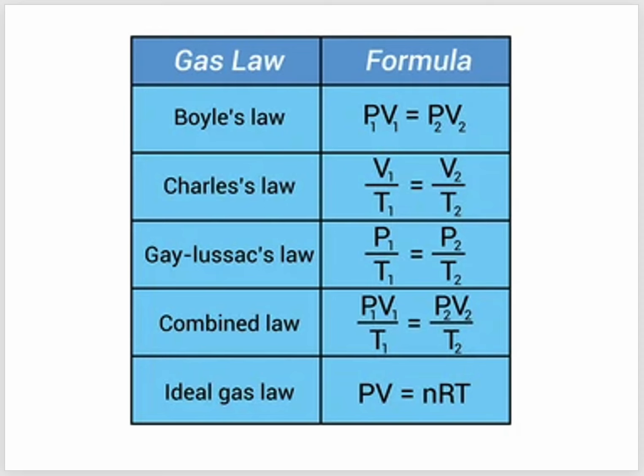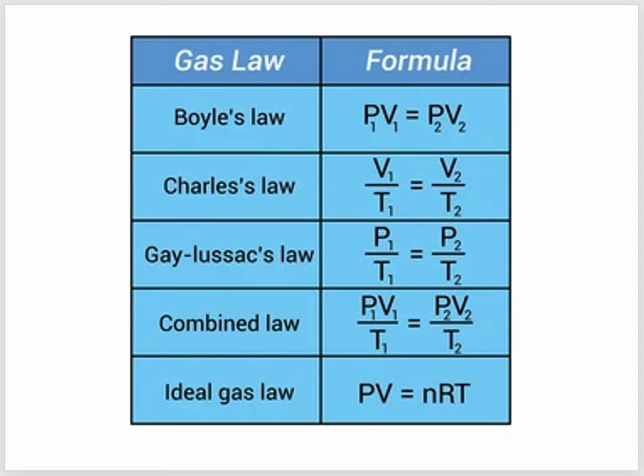Next, Charles's law: V1 divided by T1 equals a constant, so volume is directly proportional to temperature. Next, Gay-Lussac's law: here it is the same, but with pressure, so pressure is directly proportional to temperature.